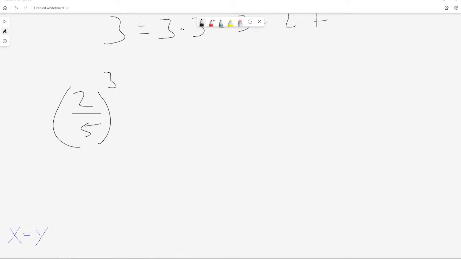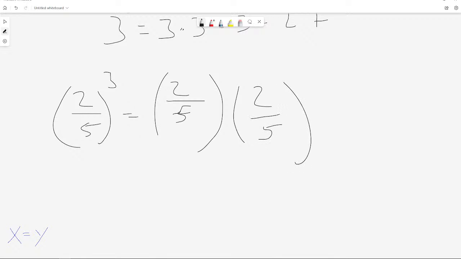So now we have 2/5 cubed. What does that equal? And we know multiplication of fractions. We have a common denominator, so 2. Don't make the mistake of going 2, 4, 6.